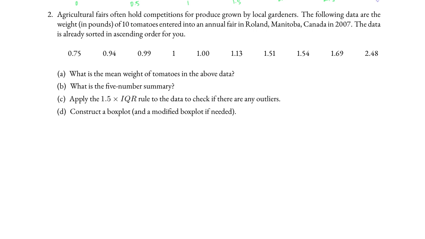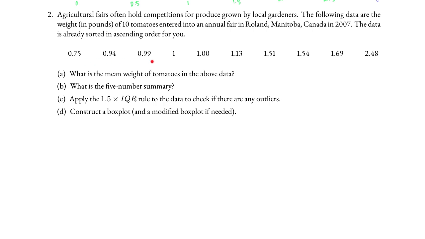This is a similar example, except that we now have an even number of observations, 10. There are 10 observations, each representing the weight of a tomato in pounds.